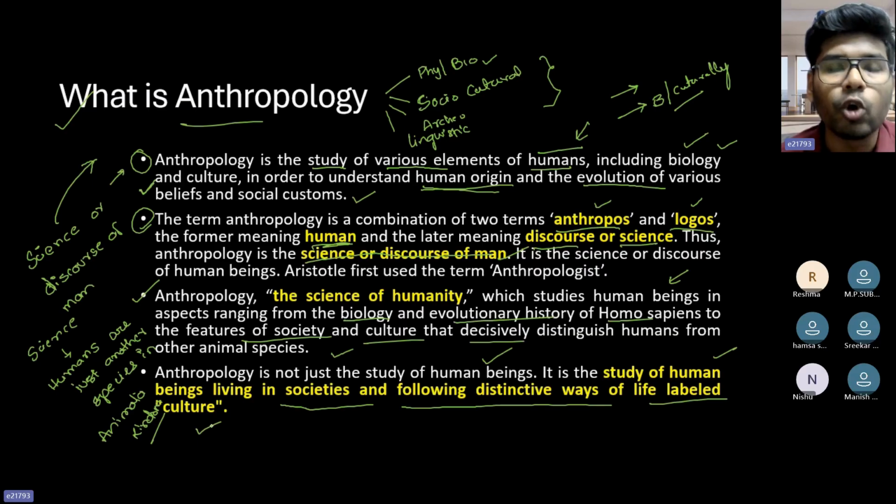That is what we are going to study in anthropology. It is about how they actually live in society and how different they are from other humans. So that is what we are going to study in anthropology. Okay? Clear?